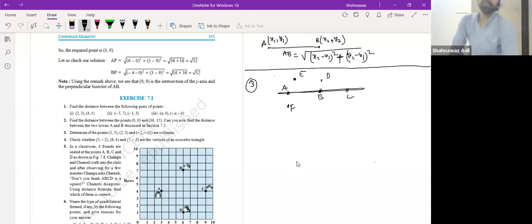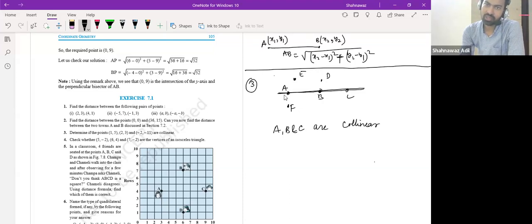And what about E, D, F? They don't lie on this line, right? Is this clear, guys? Yes. So A, B, and C are collinear. Why? Because they lie on the same line, right?